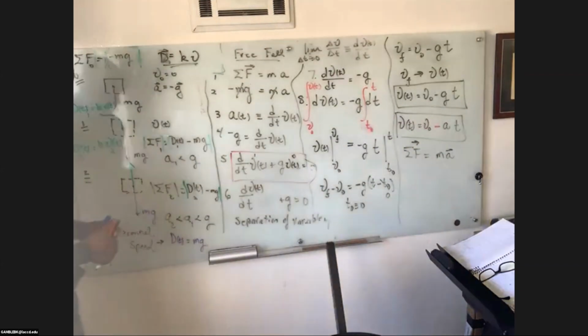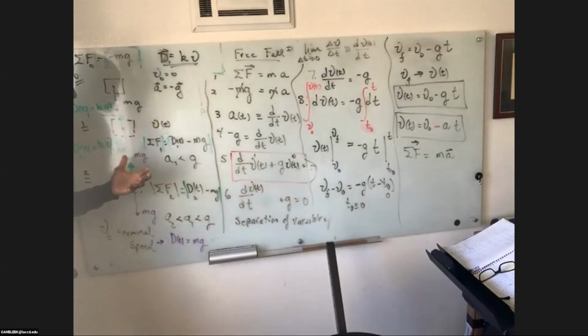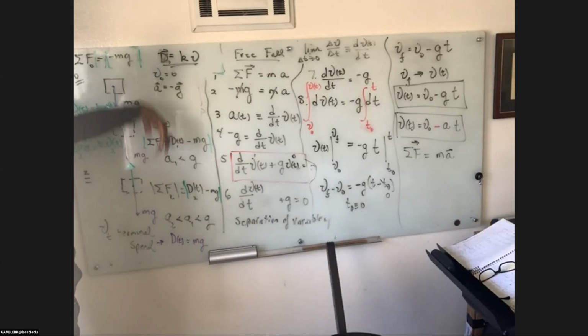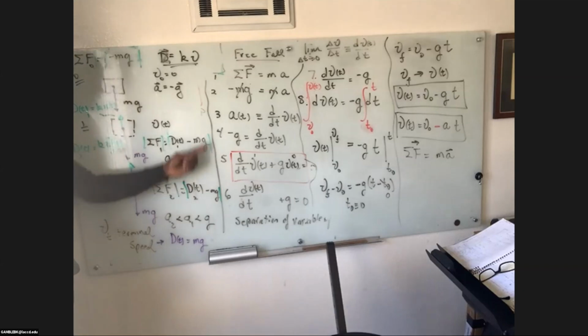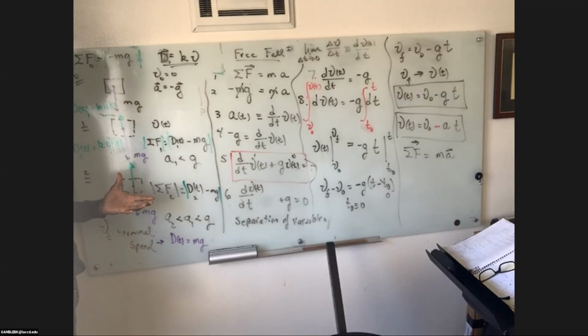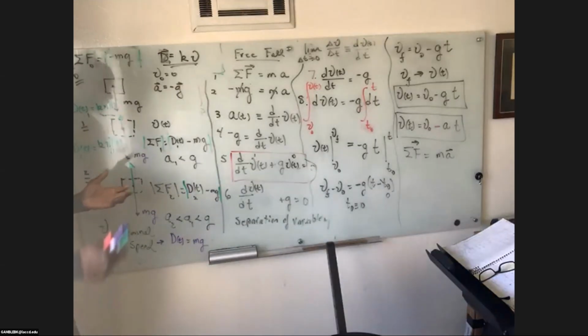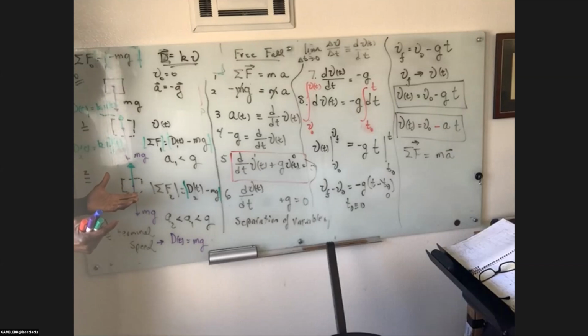Even though we say ay is negative g, in this case ay is just inherently negative because it's going down. And that will all work out because we set it up that way. Got it? But at terminal speed, the acceleration is 0, right? And Vy is still negative because it's going down.